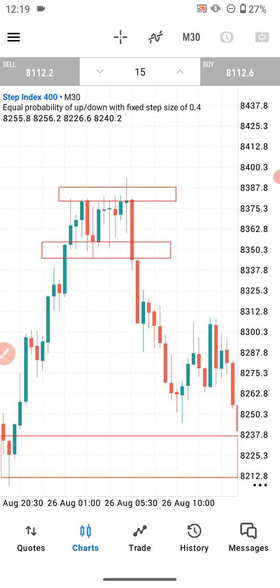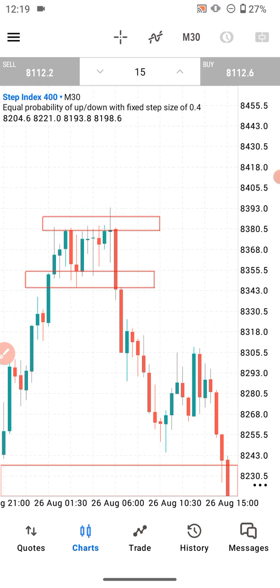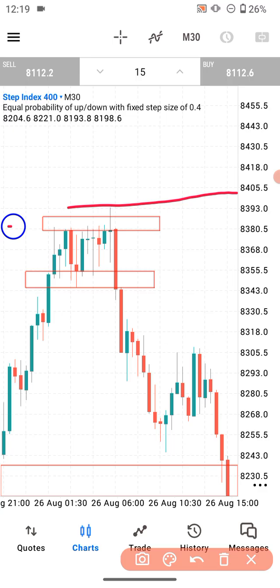So what is an engulf? What is the inside bar? This is another example of an inside bar. You see this candle here. Of course, this is a green candle. An inside bar is something that stays within that green candle and made a movement to the downside. And you can see when it is a red candle, it actually tells you to sell.